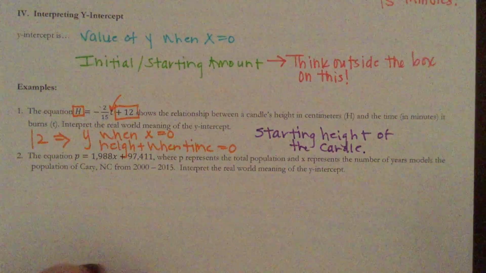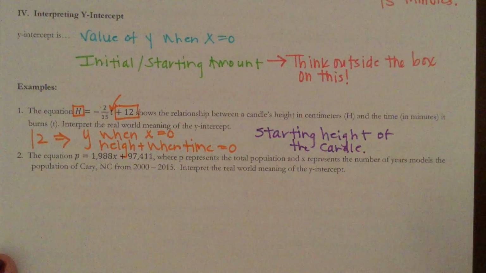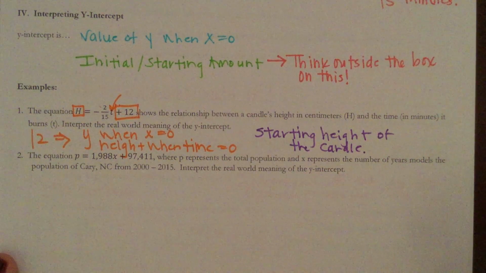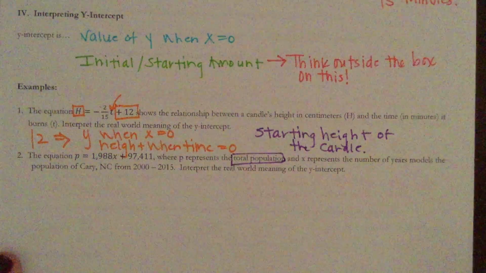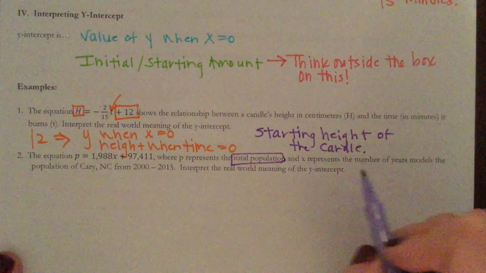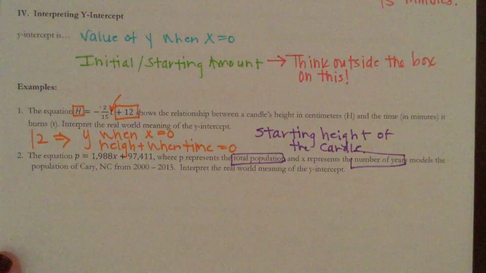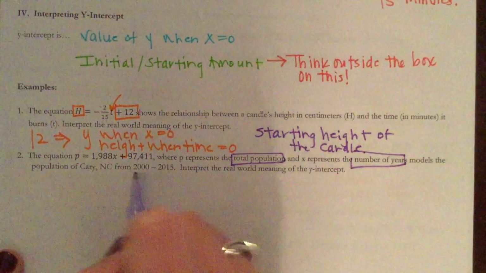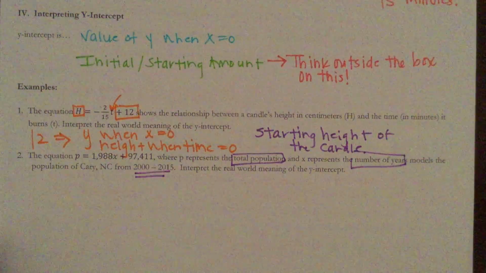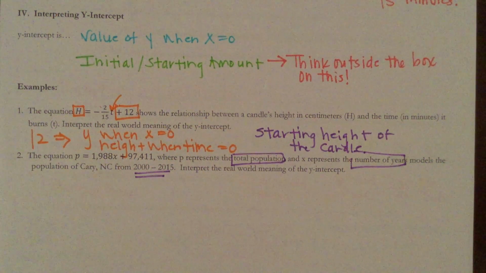All right, last one really quick. The equation P equals 1988x plus 97,411. In this equation, P represents the total population and X represents the number of years, and it models the population of Cary, North Carolina from 2000 to 2015. Interpret the real-world meaning of the Y-intercept.